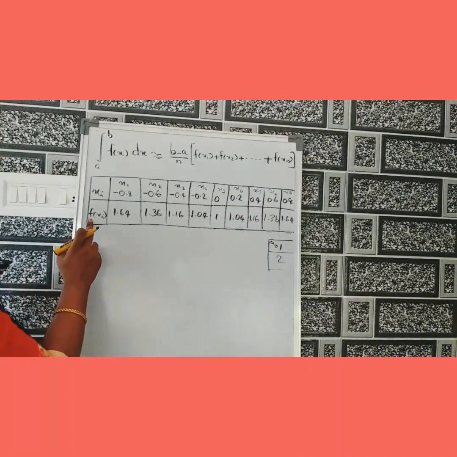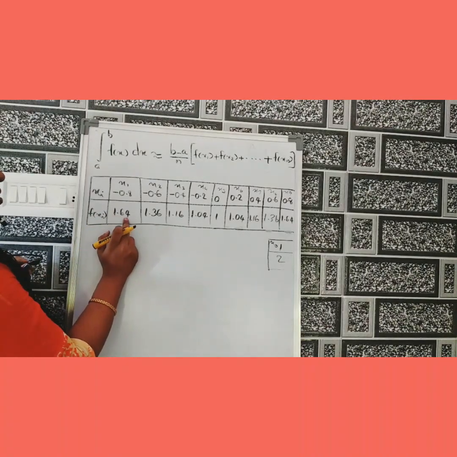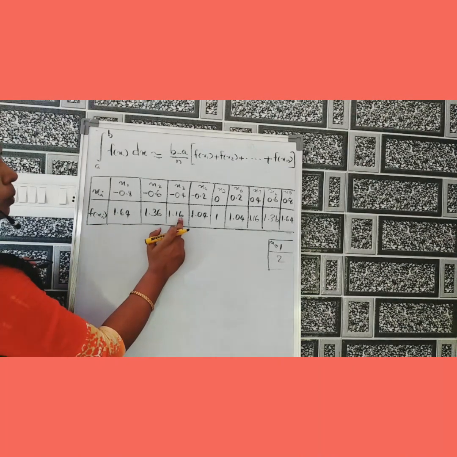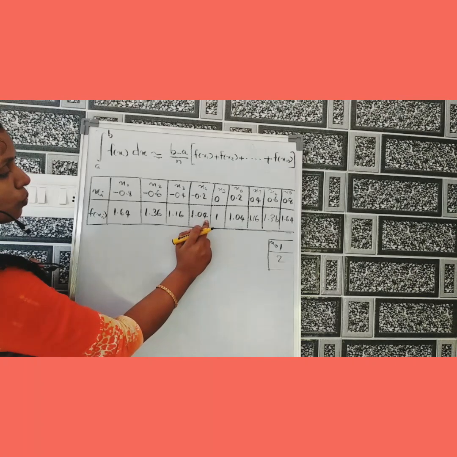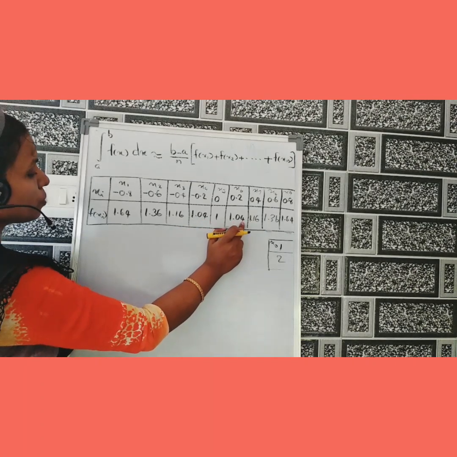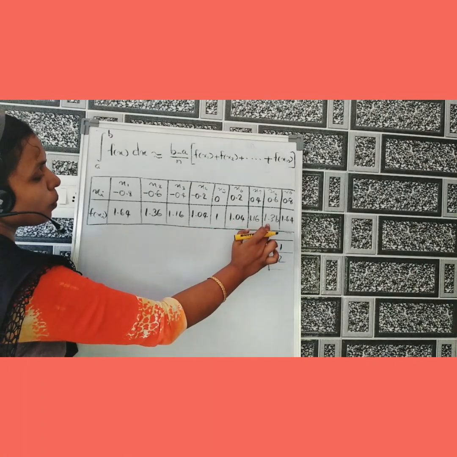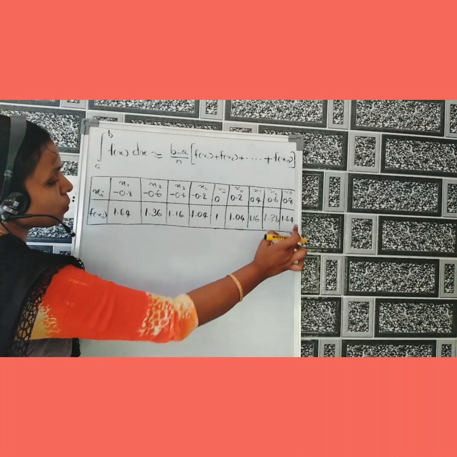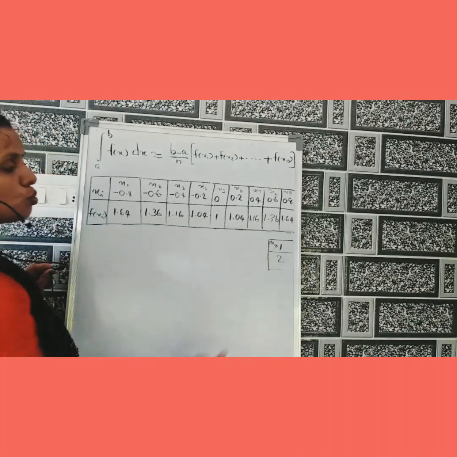And the corresponding f of xi are 1.64, 1.36, 1.16, 1.04, 1, 1.04, 1.16, 1.36, 1.64 and the last one is 2.